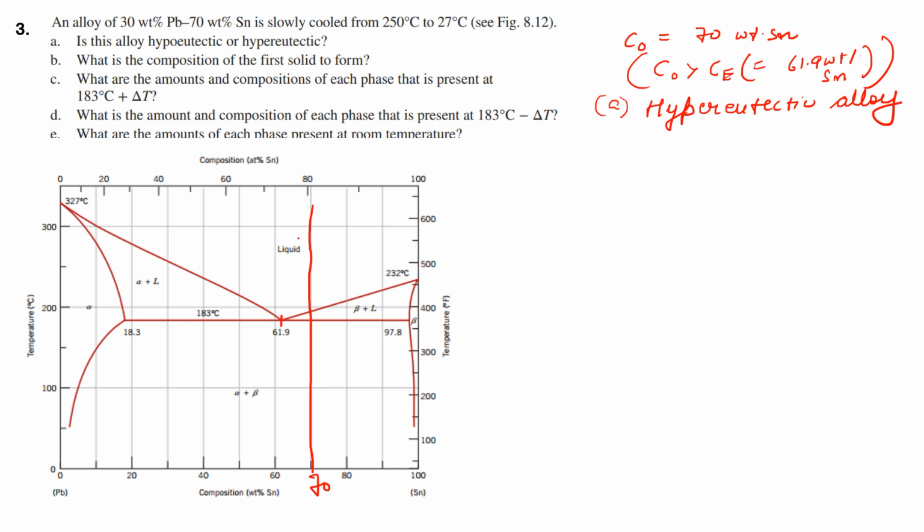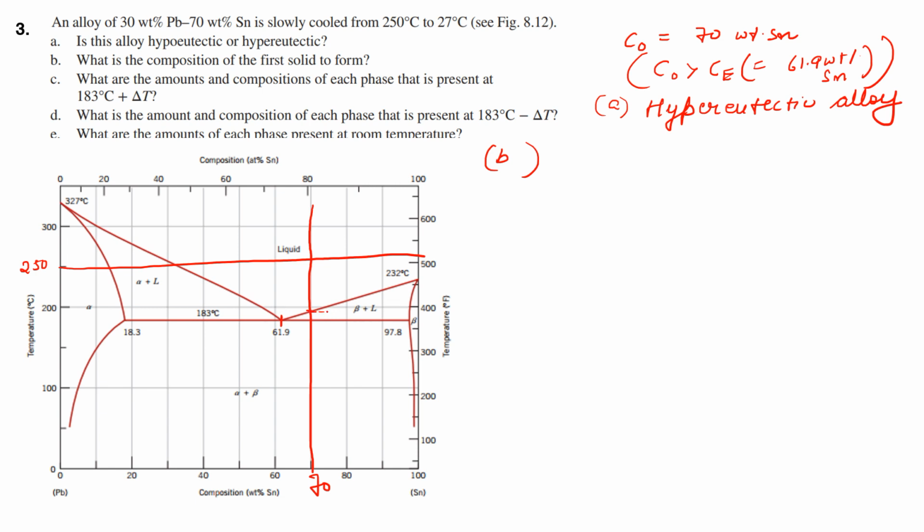What is the composition of the first solid to form? It is cooled from 250 degrees centigrade. So this is 250 degrees centigrade, and the first solid will form as we cross the liquidus here, right?